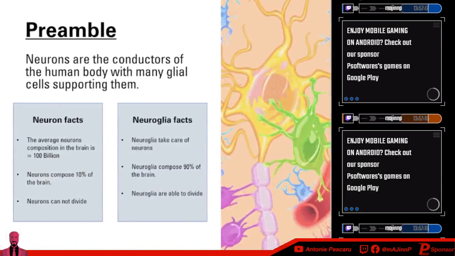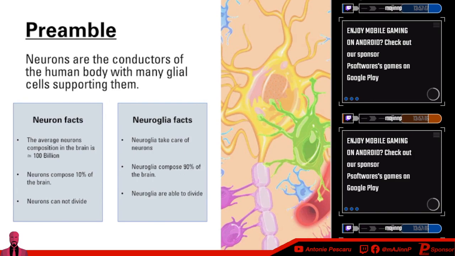So, we first begin with a preamble, and the preamble is basically to better understand what we have to work with. So, what do we know about neurons as a whole?